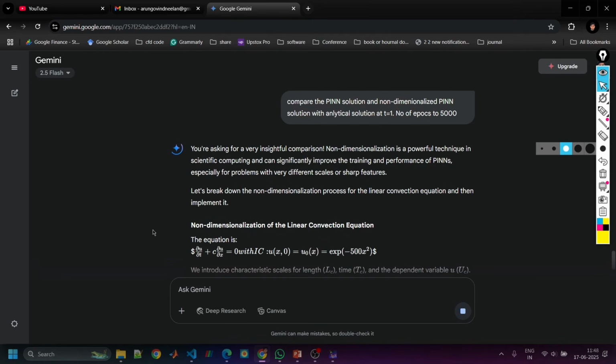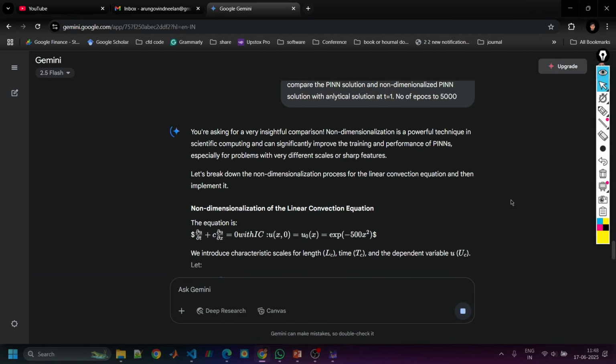The beauty of this one is it will show how to non-dimensionalize every parameter and what non-dimensional scales it has used. So it non-dimensionalizes length by LC and time by TC. T is the end time. U with U0. U0 is the maximum value of this Gaussian pulse, which is around 1.